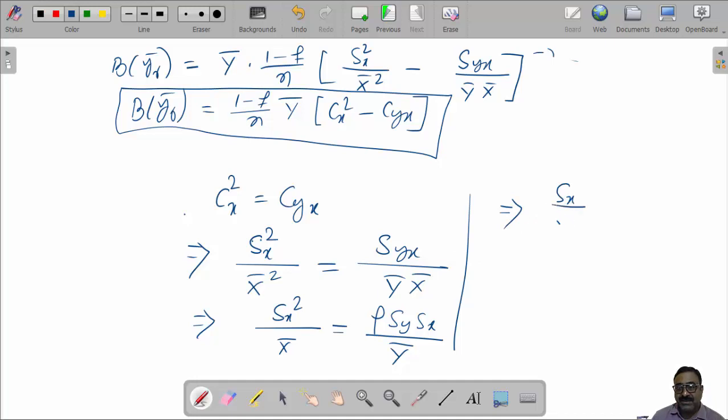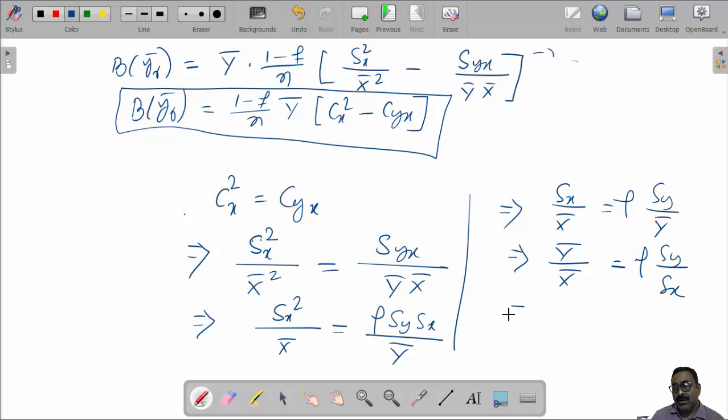That implies sx by x bar equal to rho sy by y bar. That implies y bar by x bar is equal to rho sy by sx.